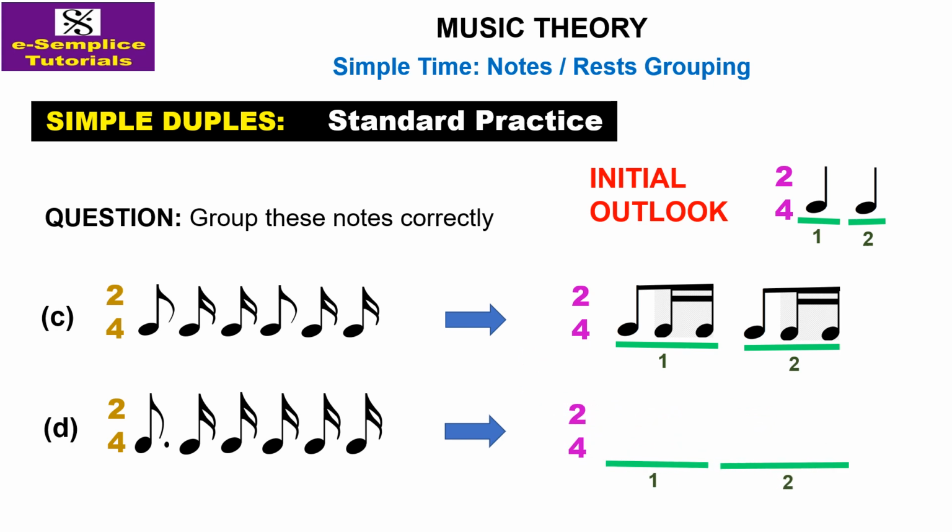Now let's group this. Remember, beat 1, beat 2, follow the initial outlook. The first beat, that will give you a crotchet. Second beat, that will give you another crotchet.